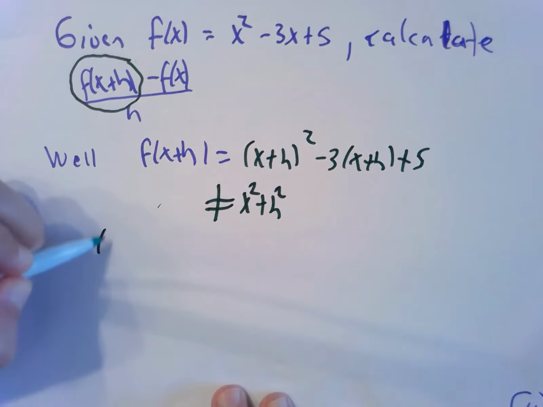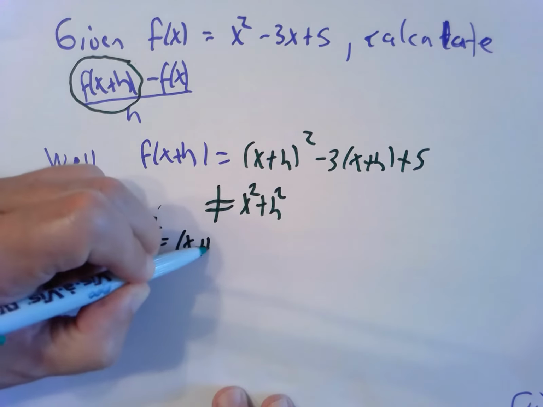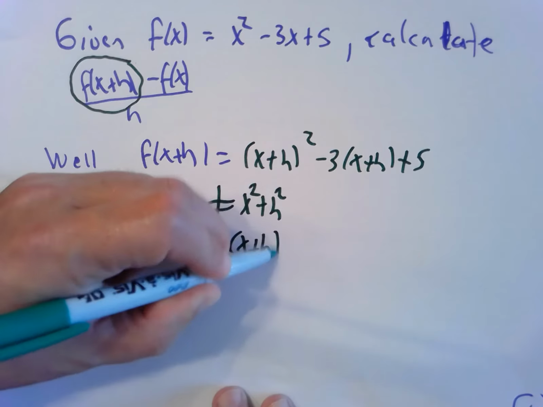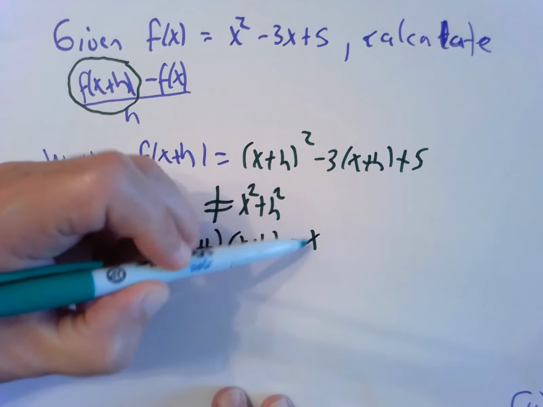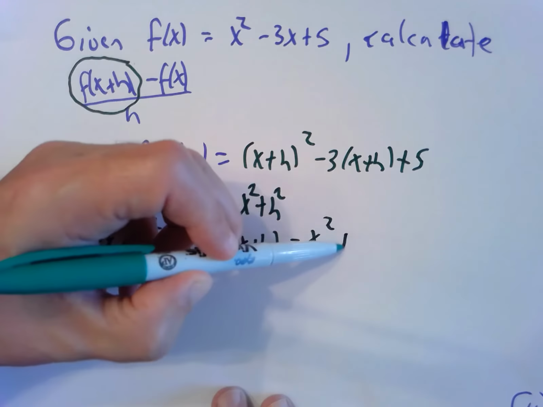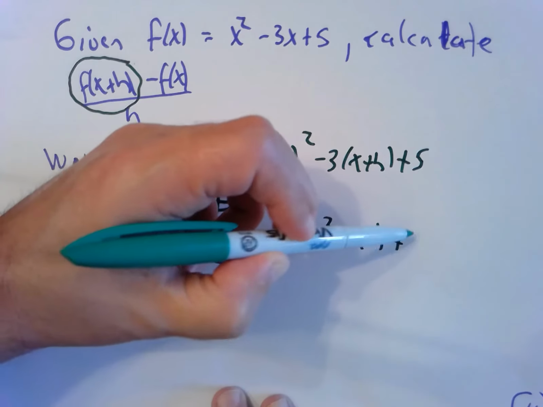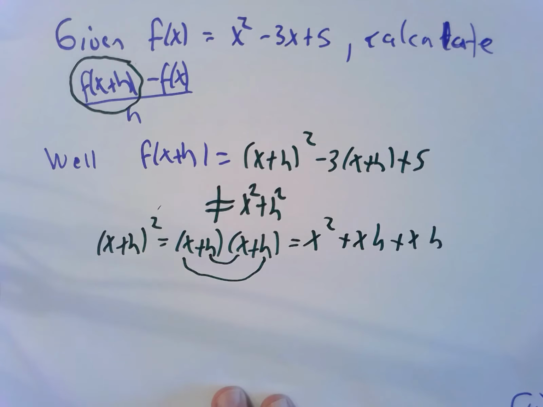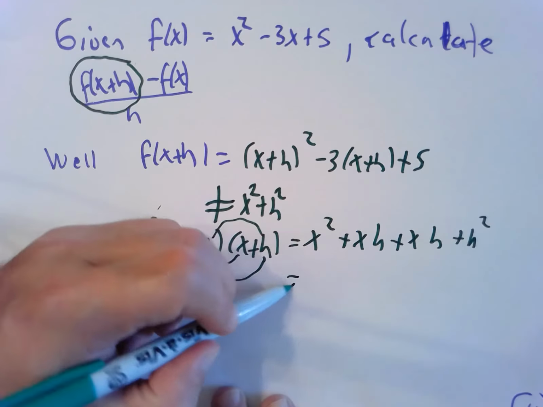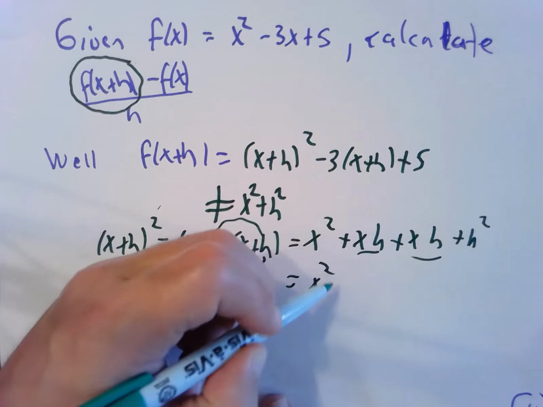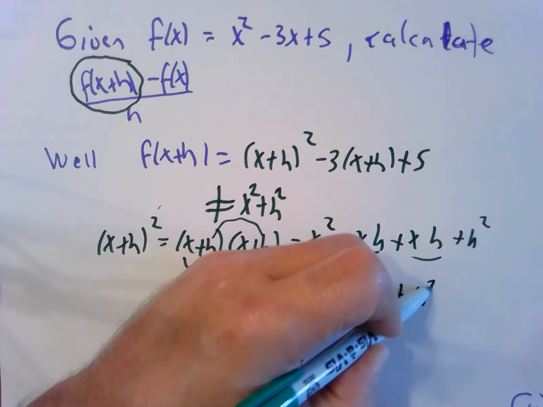So x plus h squared means x plus h times x plus h, which is x squared plus xh for the outers, plus another xh for the inners, finally plus h squared. We got a couple of like terms here. That's x squared plus 2xh plus h squared.